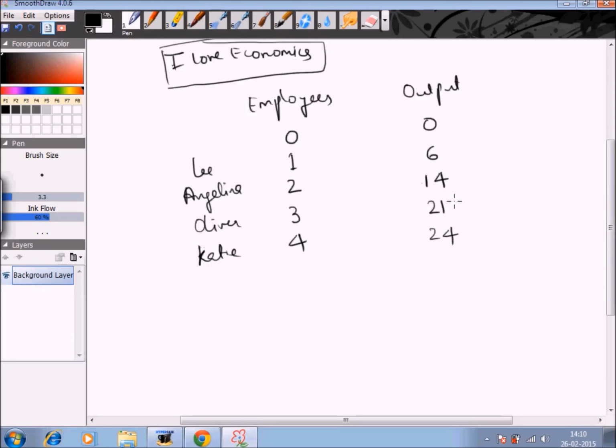Oh my god, now look at this. After Oliver, still it was fine, it was 21. But Katie, what is she contributing to the organization? She has the same skill, she has the same efficiency, but what is she contributing to the organization? Is just 3 units? No, it's not because Katie is lazy or something and she's contributing 3 units.